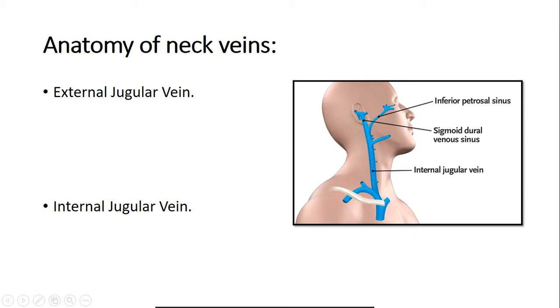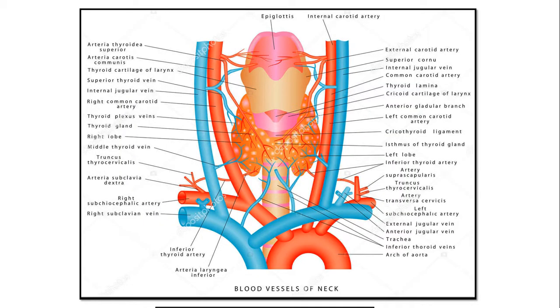The superior vena cava drains into the right atrium. So the transmitted pressure from the right atrium through the superior vena cava and through the internal and external jugular veins gives us an assessment of the right atrium pressure.